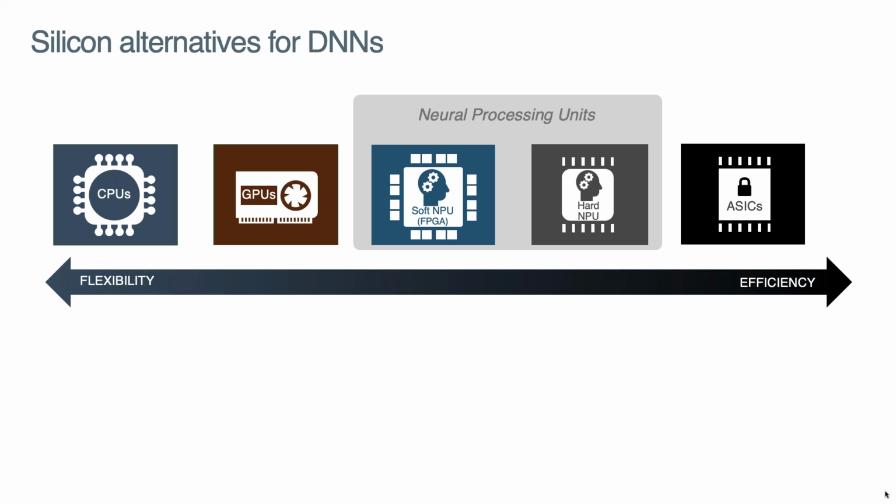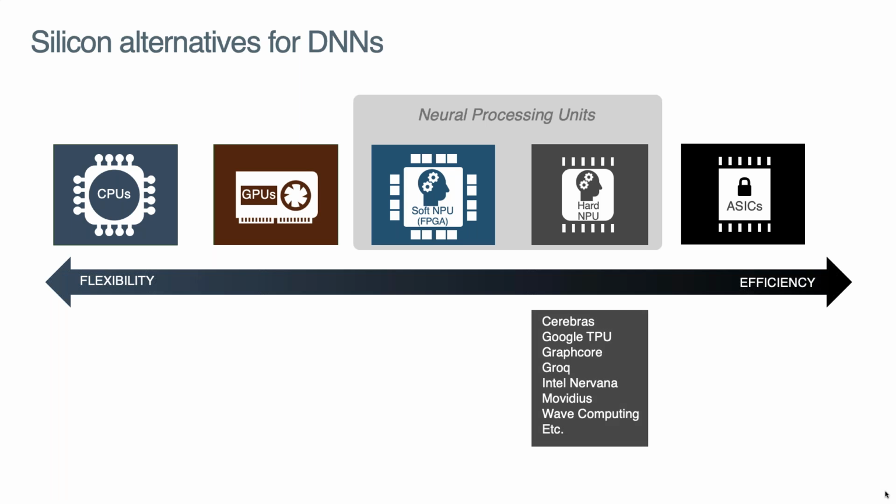And the first one is the hard neural processing unit, which are essentially ASICs. And so you've probably heard about the Google TPU, Intel Nervana, Movidius, GraphCore. Cerebras just announced a few weeks back a humongous chip to do AI. Amazon announced Inferentia, which is also coming out soon. But basically, a lot of these companies are building these specific hardened chips.